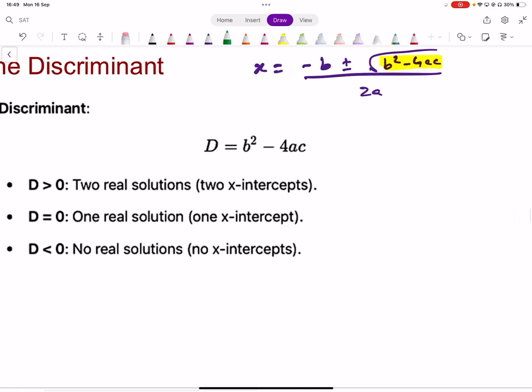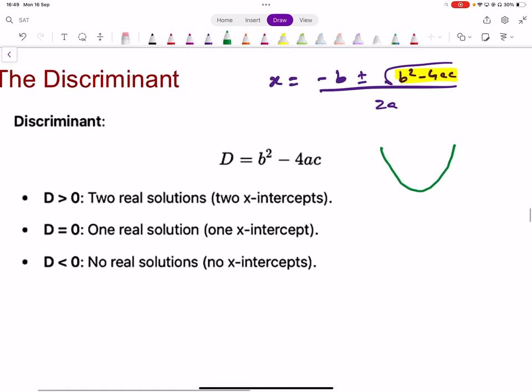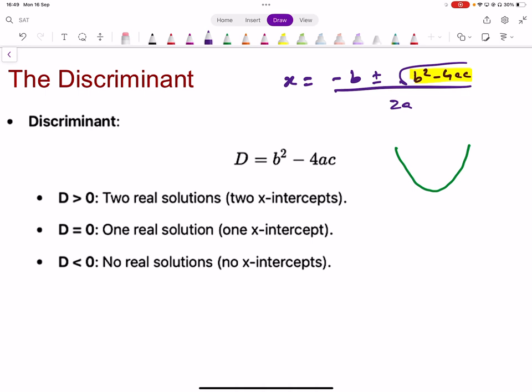Let's say we have a curve like this. There are 3 possible positions it can be at with respect to the x-axis. One possibility is it intersects the x-axis at 2 points. Okay, this is one possibility. When a quadratic function intersects the x-axis at 2 points, remember, b square minus 4ac is greater than 0.